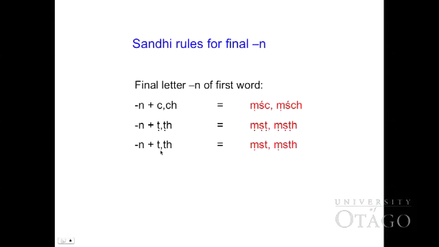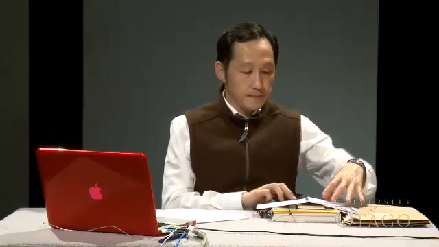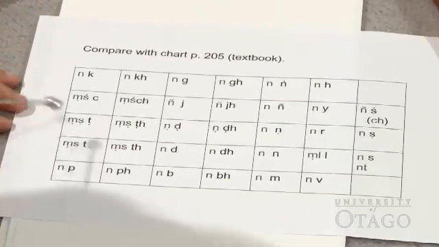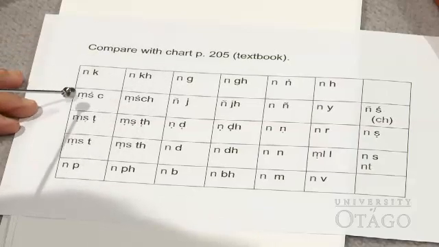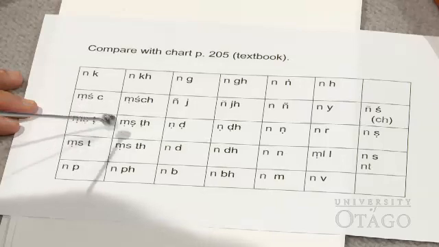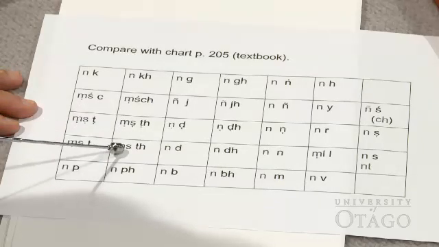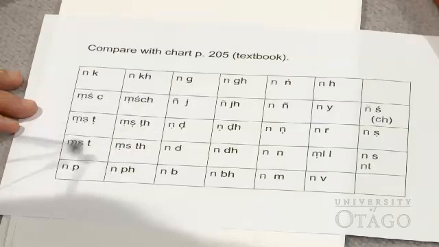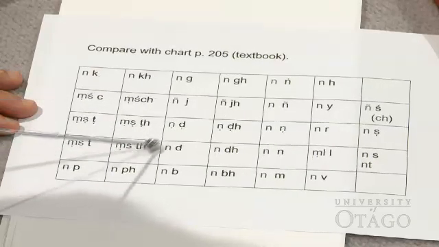If you see from this chart again, this is rule number 1. N changes to amsha, amsta, and so on, together with cha, sha, ta. This is rule number 1.